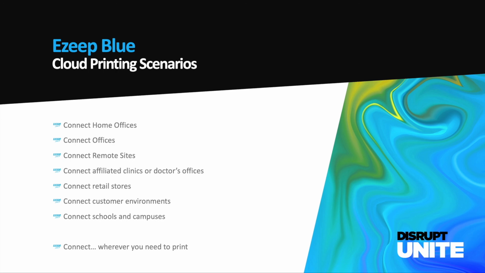Whether that's connecting your home office users that you have to support, whether that's supporting a store or affiliated clinics or doctor's offices, whether that's supplying printing to an entire school or a traditional office, wherever, whenever, whatever you need to print, ezeep will make sure that that will happen for you.